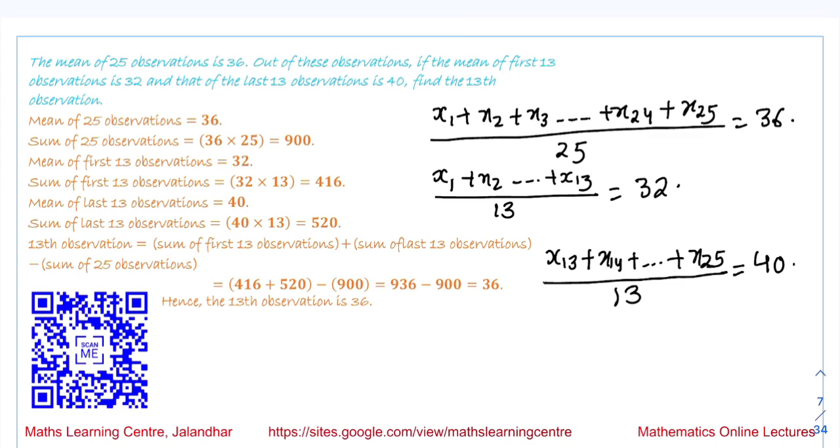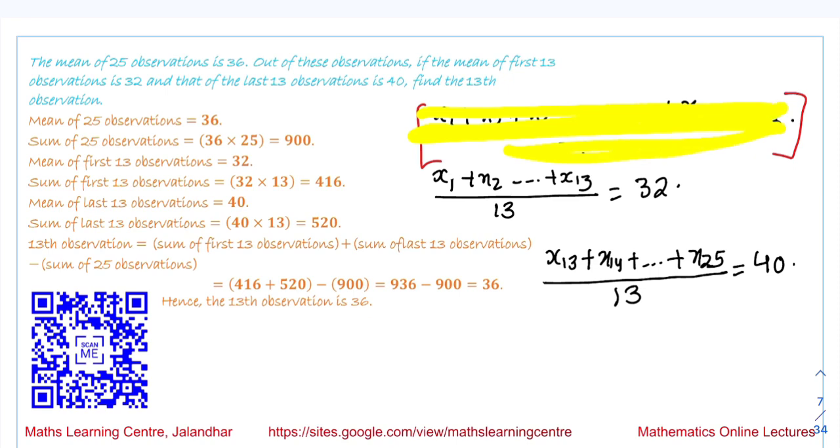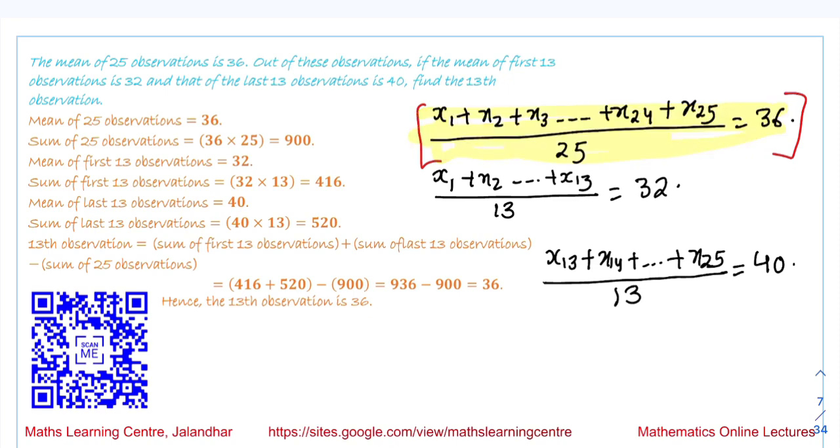From the first equation we can calculate the sum of all these terms. So x1 plus x2 and so on up to x13 and so on up to x24 plus x25 is equal to 36 into 25.